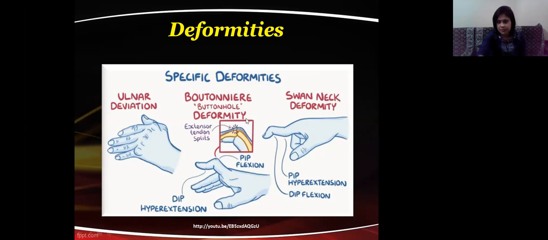This is the Boutonniere deformity, in which there is flexion of the proximal interphalangeal joint and hyperextension of the distal interphalangeal joint.